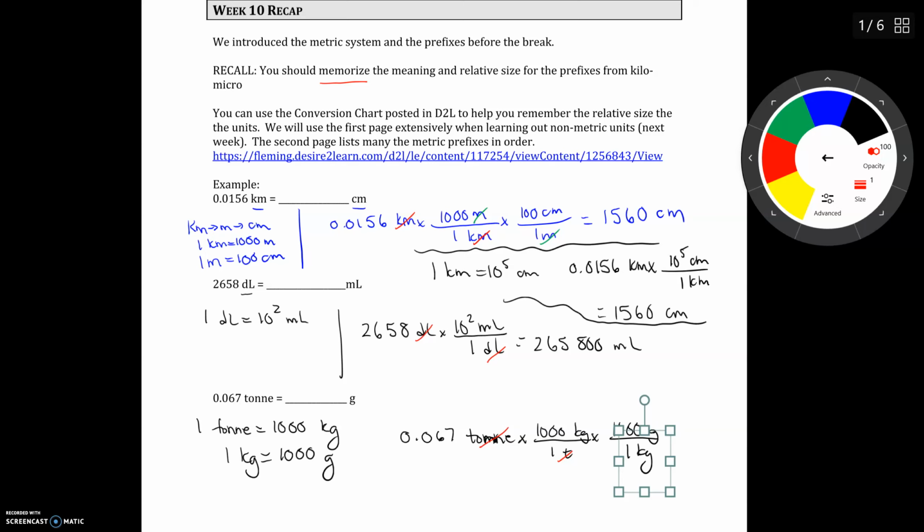When we plug that into our calculator, the calculation is going to come out to 67,000 grams.